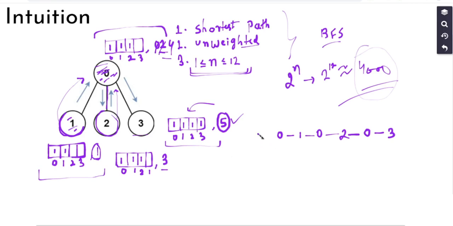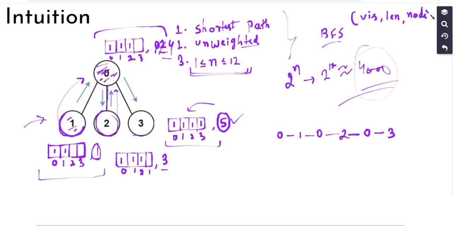Now that same procedure must be repeated for all the nodes of the graph. So initially we push these 3 pairs, that is this visited array, this length variable, and the node itself.